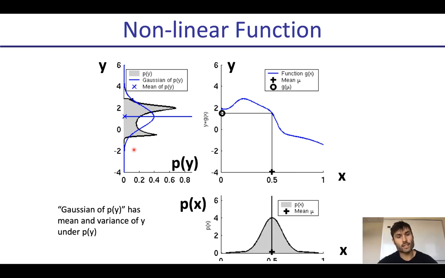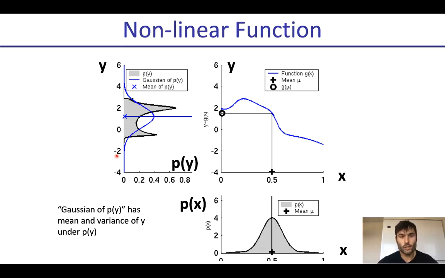In this case, the distance that we use is the KL divergence. So the closest Gaussian in terms of the KL divergence is the blue curve that we saw here.